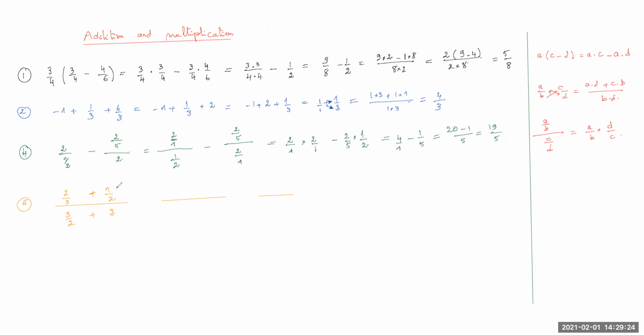Here I can add two fractions. So it will be 2 times 2 plus 3 times 1 over 3 times 2.